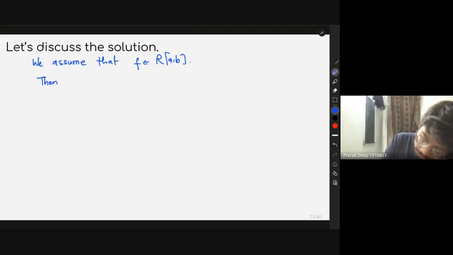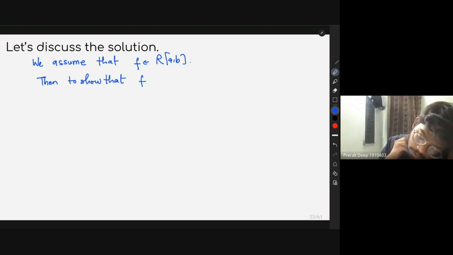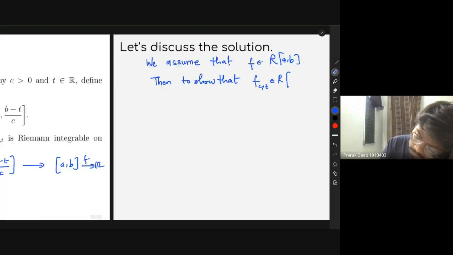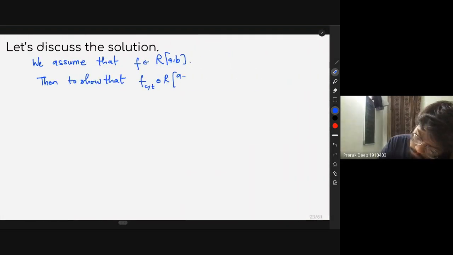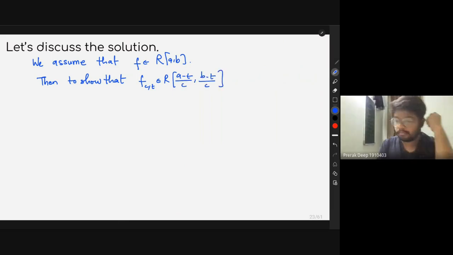Then we need to show that f_{c,t} is Riemann integrable on [(a - t)/c, (b - t)/c].